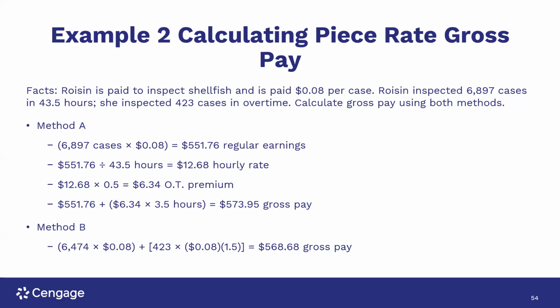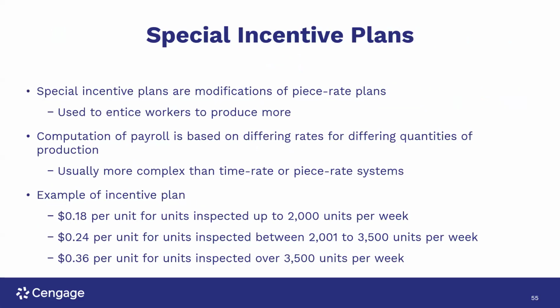Otherwise, in method B, we take only the units produced in overtime at the time and a half rate. Because the overtime production was slower, method B results in less pay. But it would result in more pay if it was more productive.